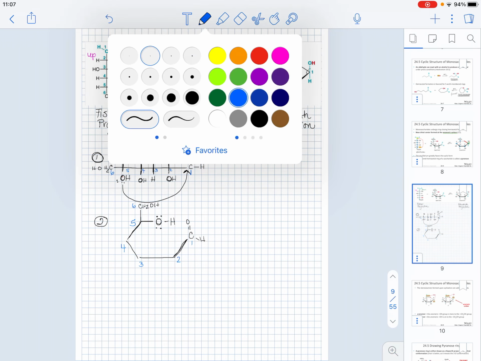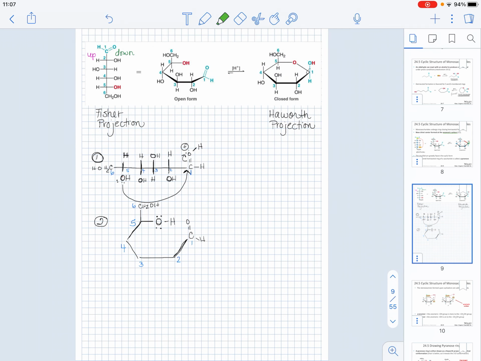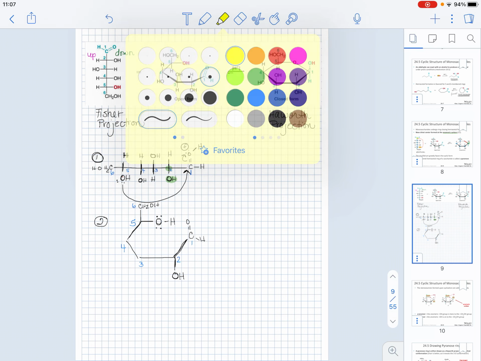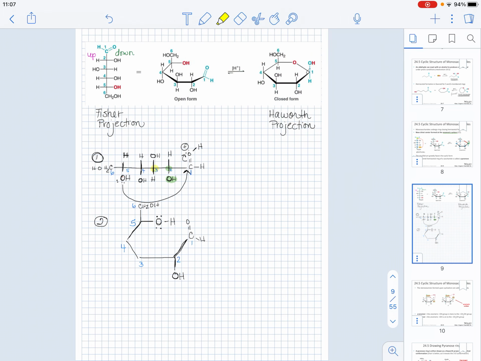Then on carbon 2, and I'm just going to color code it to make it easier. If we look at carbon 2, the OH is pointing down. On carbon 3, the OH is pointing up.